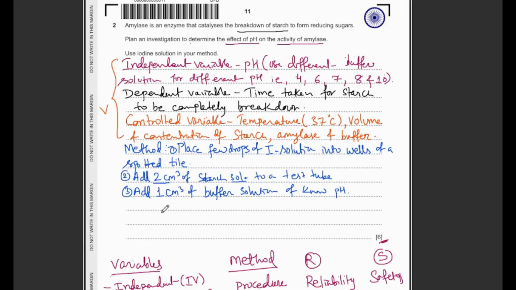Now next one, place the test tube in the water bath, okay, in the water bath where the temperature is, how much is the temperature?